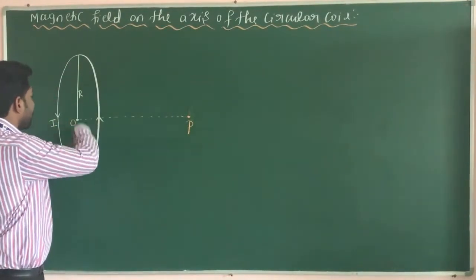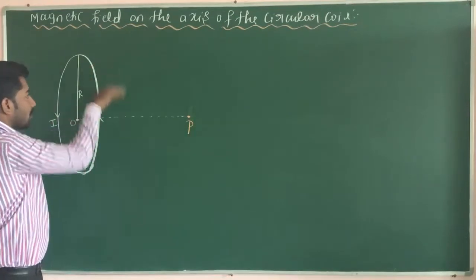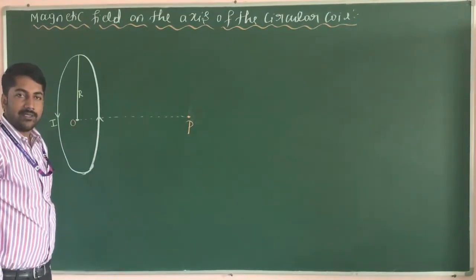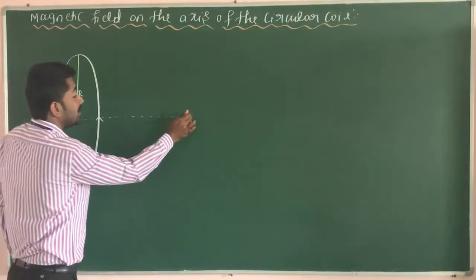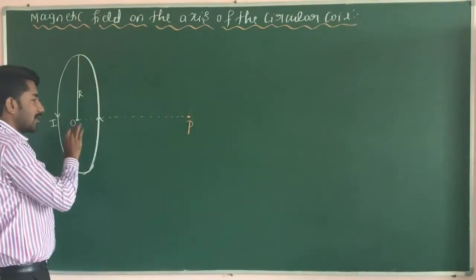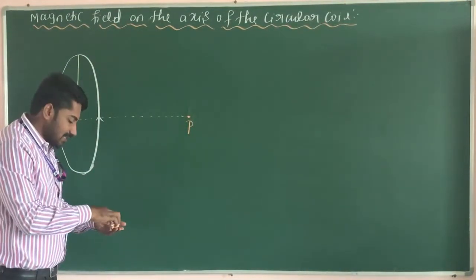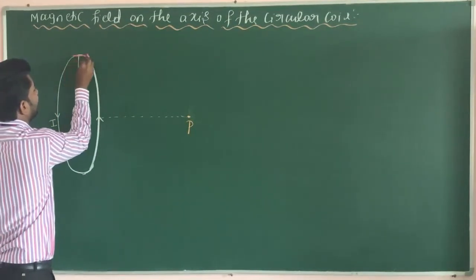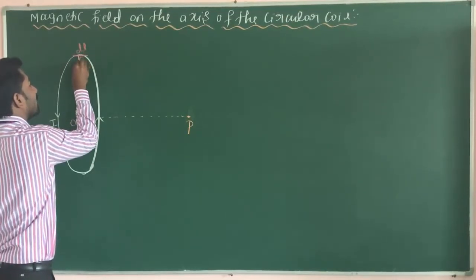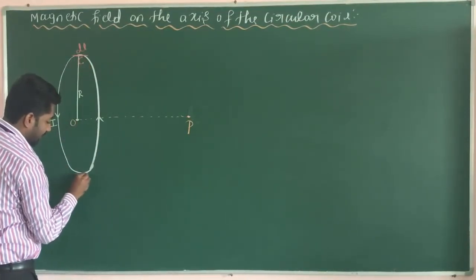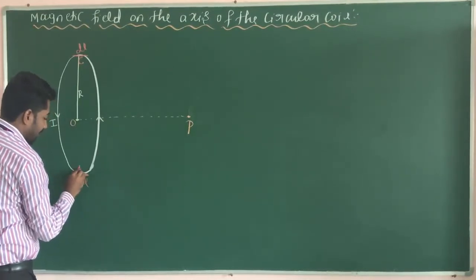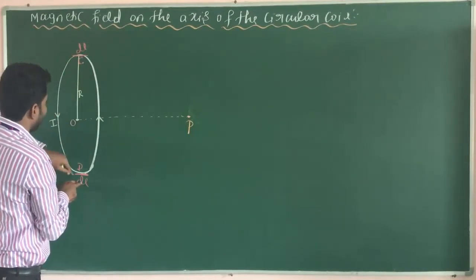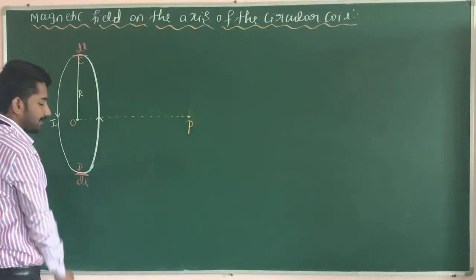When the current is flowing in this circular coil, the magnetic field is produced around it or at any point on its axis. Now I am going to find the magnetic field at this point P due to this circular coil. Initially I consider two small current elements, dl at point C and another current element dl at point D. These two current elements are exactly opposite each other along the diameter.